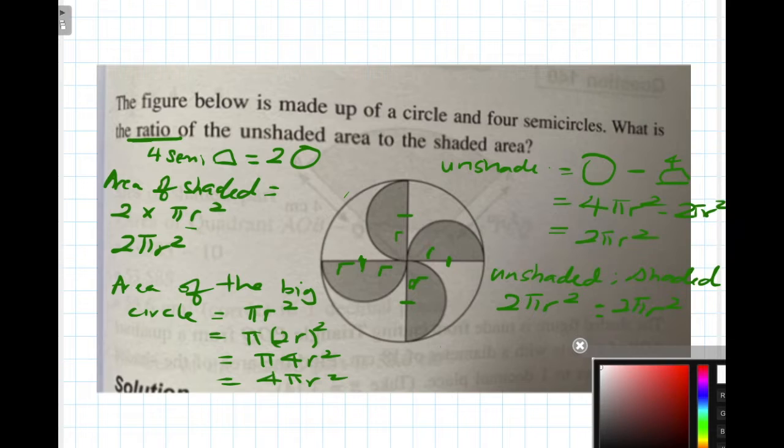So it's actually, can you see, it's 1:1. The ratio of the unshaded area, which is this portion here, to the shaded area is 1:1, because you see the unshaded is 2 pi r squared. The shaded area is also 2 pi r squared. So it's 1:1. Okay.